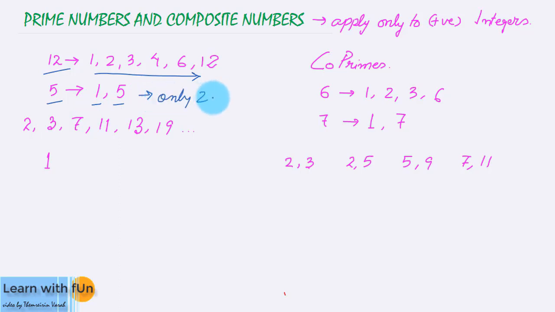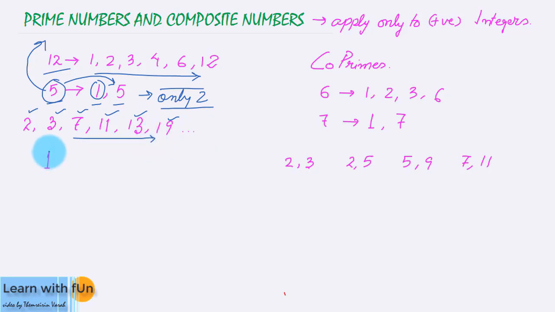Such numbers which have only 2 factors, 1 and the number itself, are called prime numbers. So 5 is a prime number. However, if the numbers have more than 2 factors, then they are called composite numbers. Some examples of prime numbers are 2, 3, 7, 11, 13, 19 and so on.